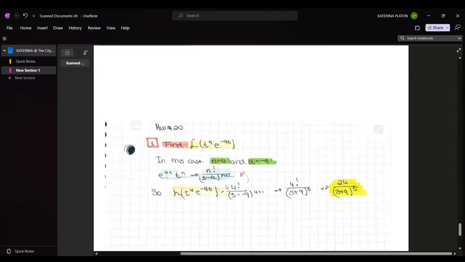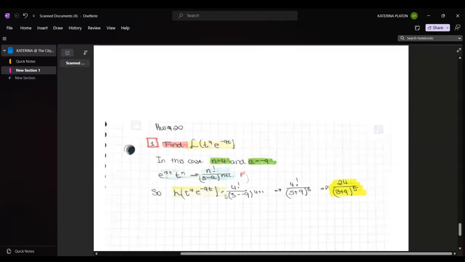If we look down where it's highlighted in blue, we have this formula: Laplace of e to the power of at times t to the power of n turns to n factorial over, in parentheses, s minus a to the power of n plus 1. So in this case, we have n equals 4 since t is to the power of 4, and a equals -9 since e is to the power of -9t.